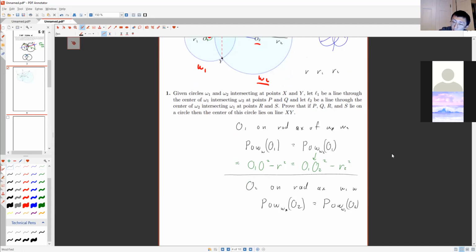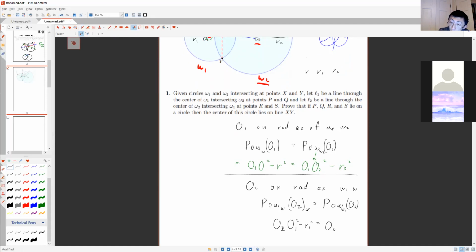So then we have the same thing. O2O squared minus R squared equals, oh sorry, this time it's with respect to omega 2, right? So we should put a 2 here, and this is with respect to 1. And this is R1 squared. Oh sorry, let's see.